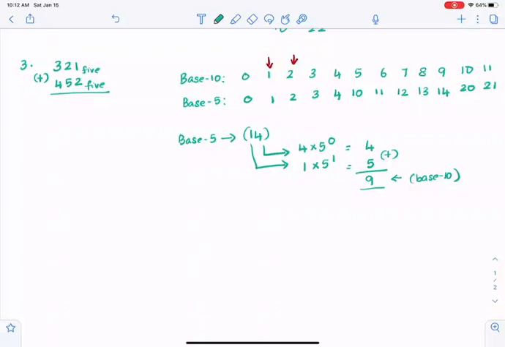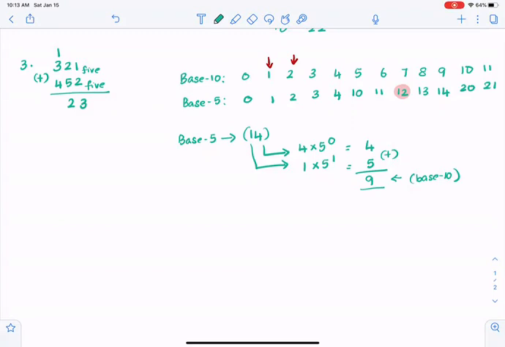So 1 plus 2 is 3, definitely less than 4, not a problem. 2 plus 5 is 7. 7 exceeds 5. However, I know 7 corresponds to 12 in base 5. So I'm going to put 2 here, 1 up there. 4, 3. 3 plus 4 plus 1 is 8. 8 exceeds 5.